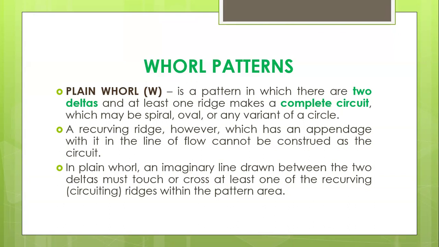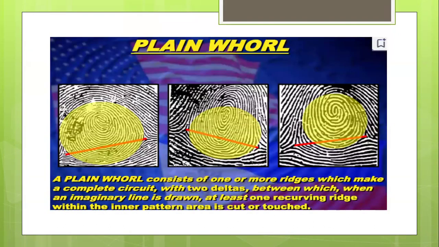A whorl pattern has at least 2 deltas. Okay. Let's look at the illustration. So, these are the whorl patterns. This one, and this one.